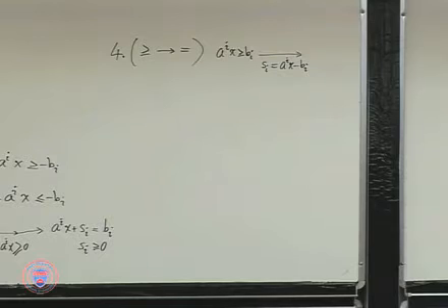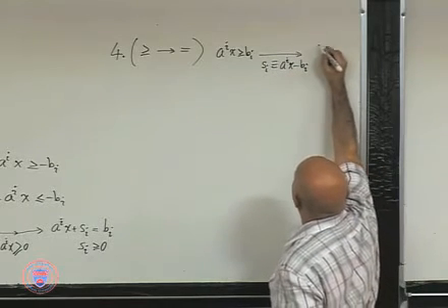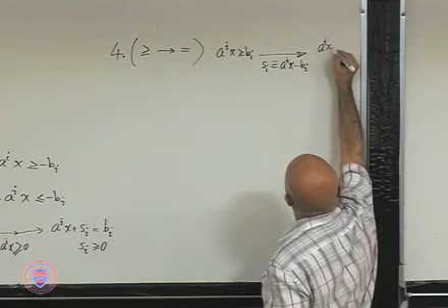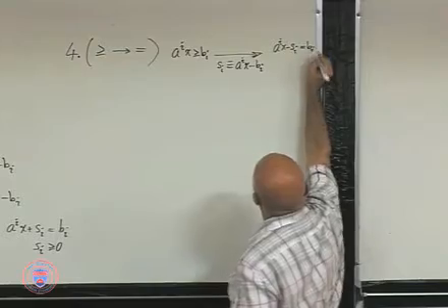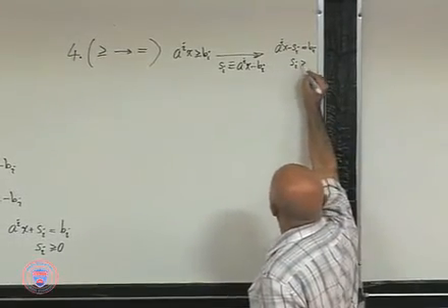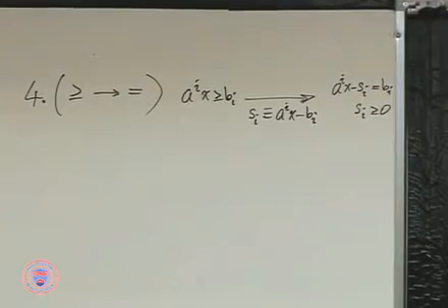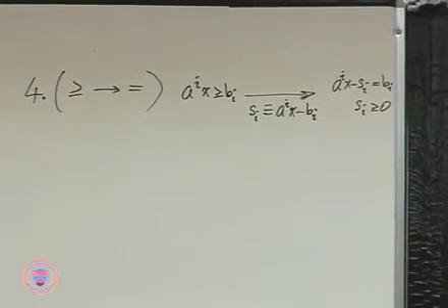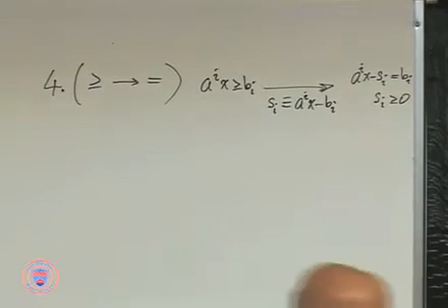That's the intended meaning of that variable. So your constraint now becomes a_i x minus s_i equals b_i, with s_i restricted to be non-negative. So these two constraints do the job. They actually enforce the intended definition of the variable.